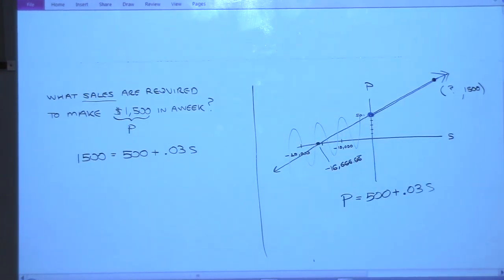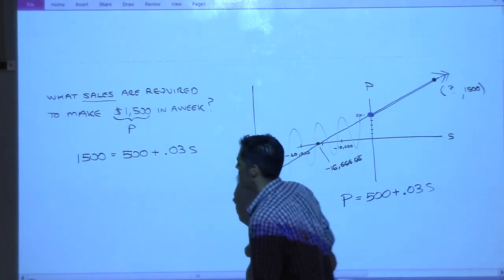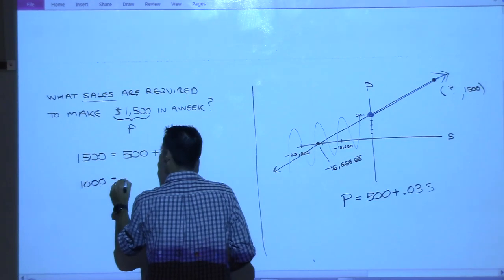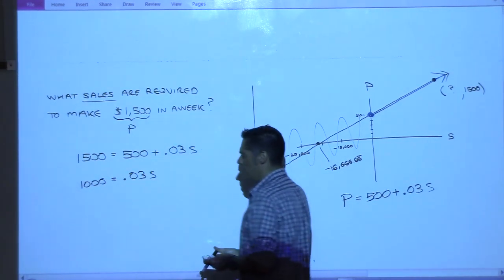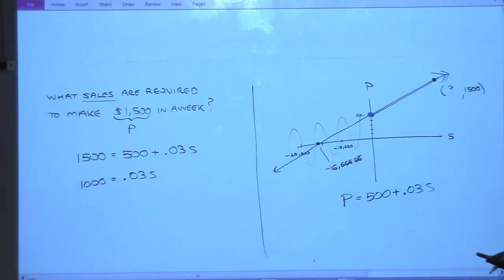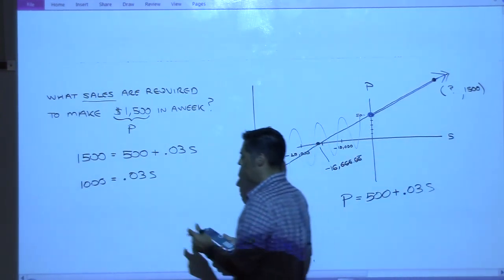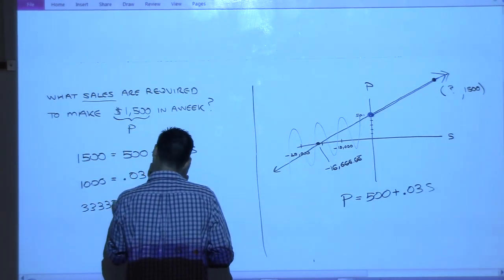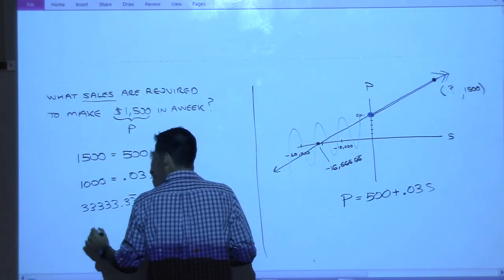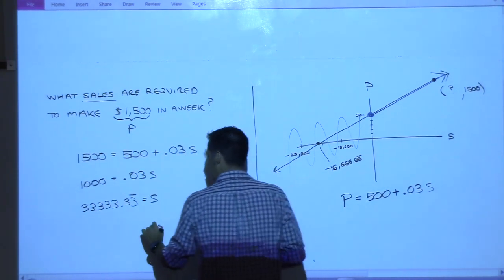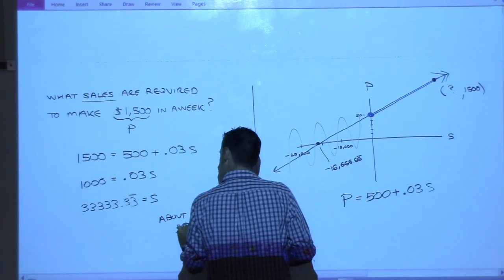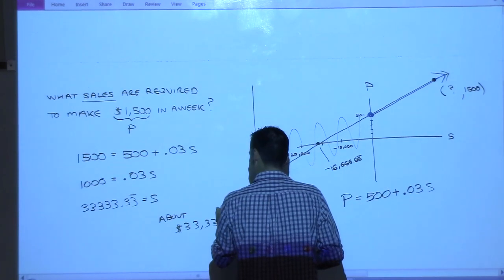So I'm curious to see how much sales we would have to have here. Let's see, we subtract 500 on both sides first. And divide 1,000 by 0.03, right? So our sales would need to be 33,333.33. So this is dollars, isn't it? Okay, so let's just round, about $33,333.